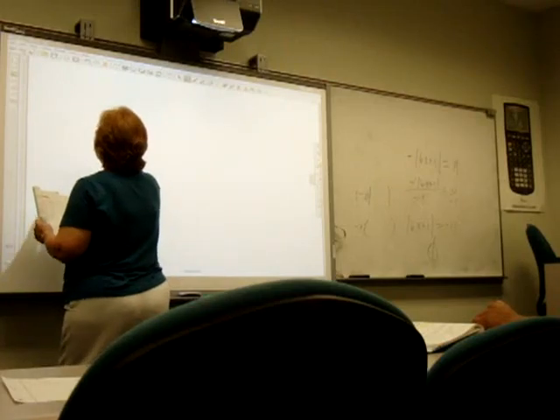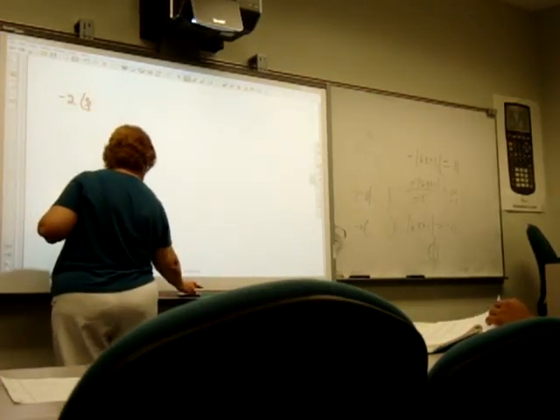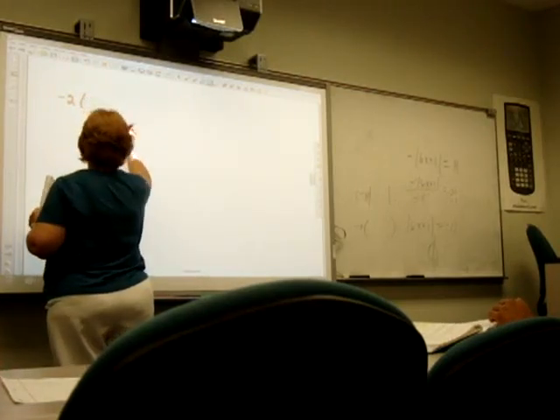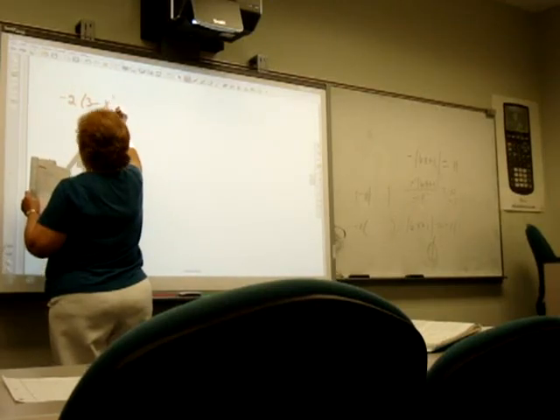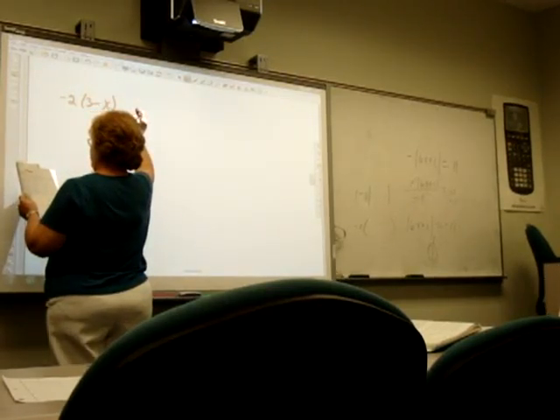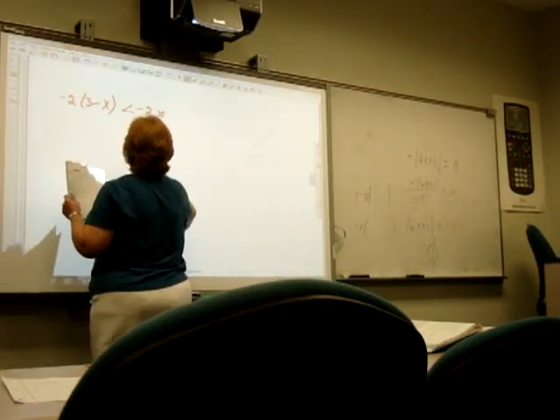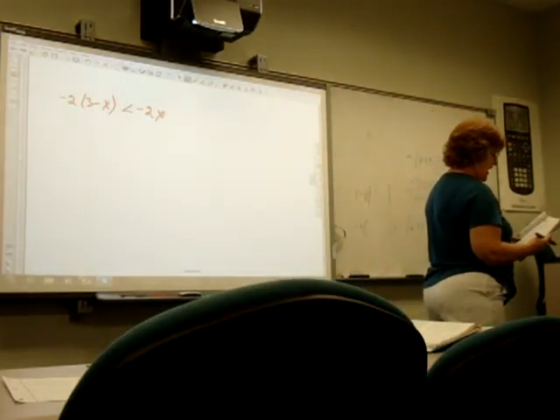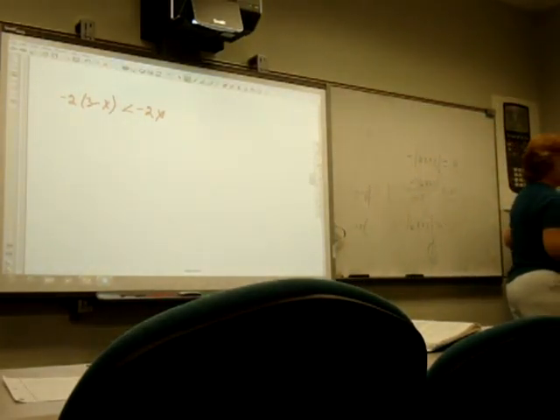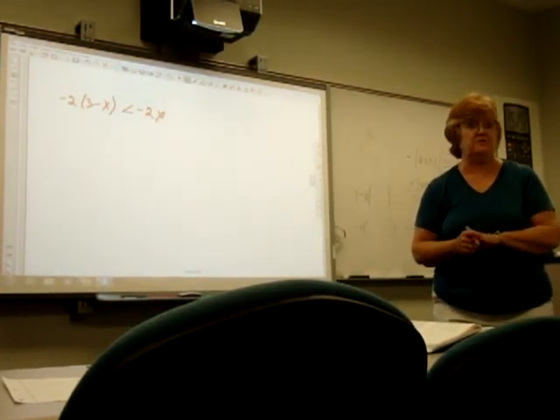Number 5, we have -2, parentheses, (3 minus x) less than -2x. Now, you're told in your instructions, describe your solution once you find it, using interval notation and also using graphing. So you're supposed to write your answer in 2 formats.